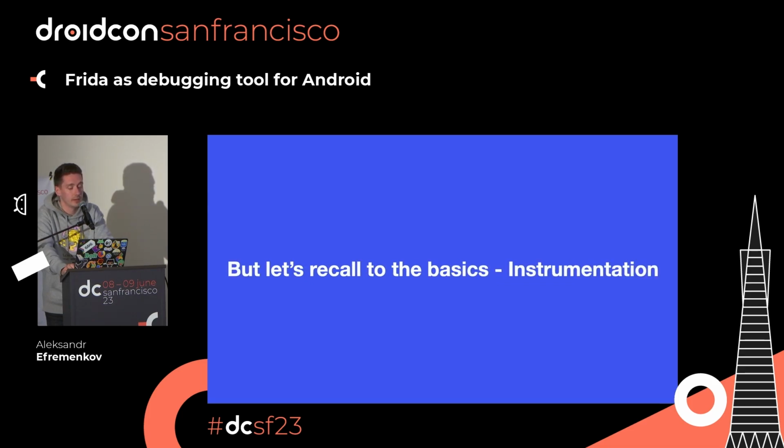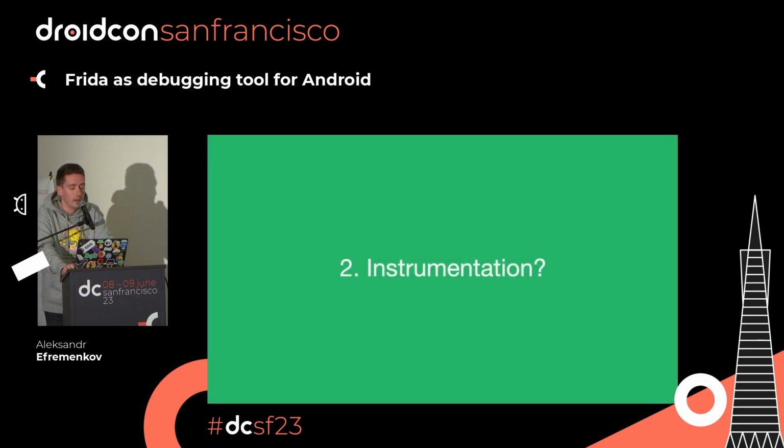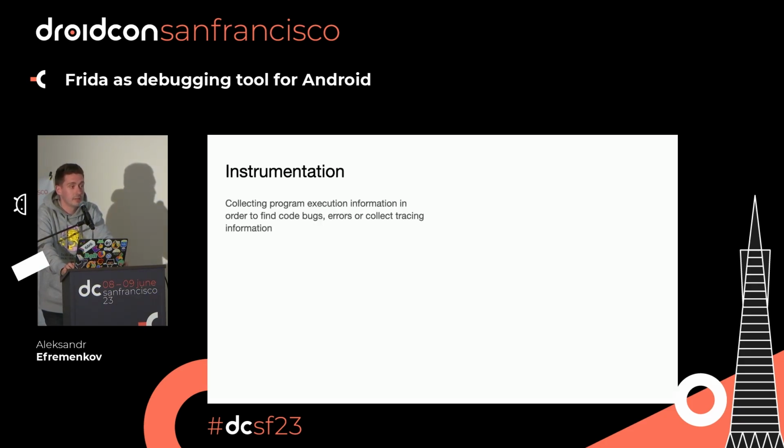Before we jump into Frida itself, let's recall the basics. What is instrumentation? Instrumentation is essentially collecting program execution information in order to find useful information, such as bugs, errors, or tracing information, performance metrics, or something like this.